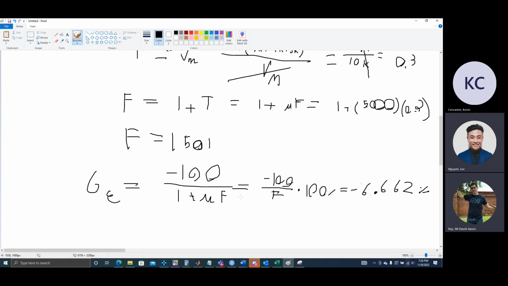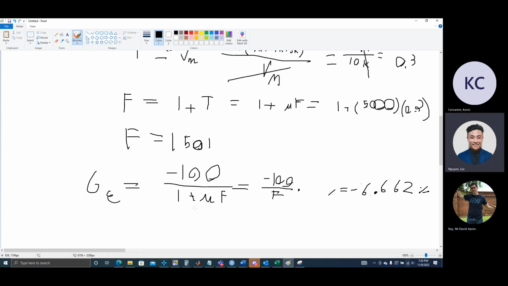I mistook that the 100 on the top is actually him doing the multiplication of 100. So this 100 that I wrote was actually my fault. I saw the percentage and then I was like, oh, okay, multiply by 100%. But no, the 100 in the numerator is him making it 100%.